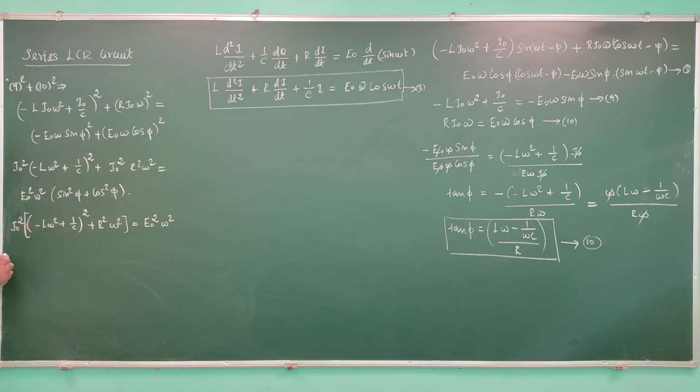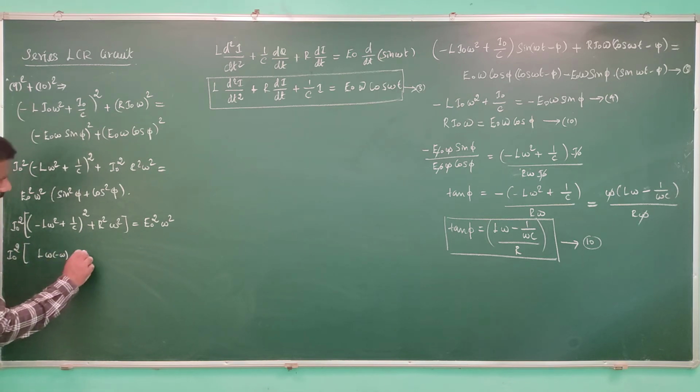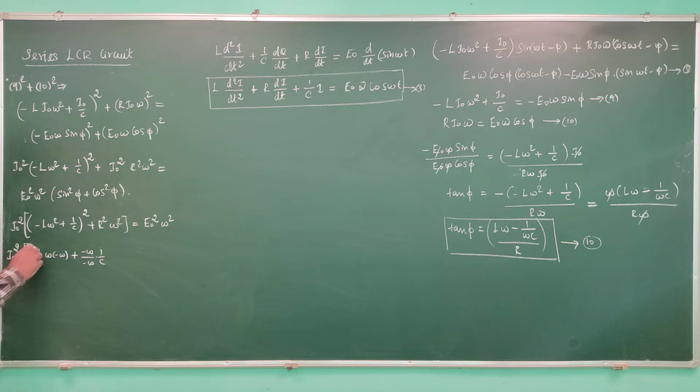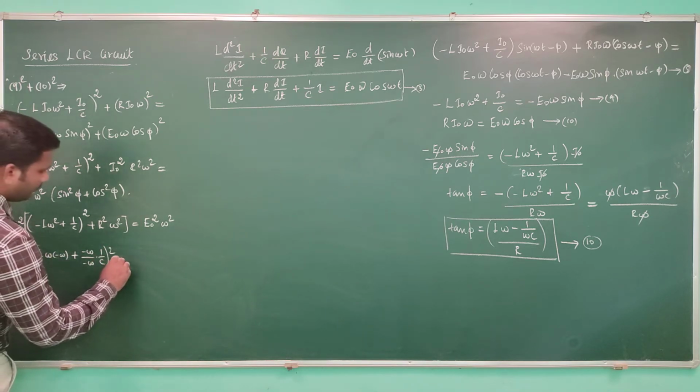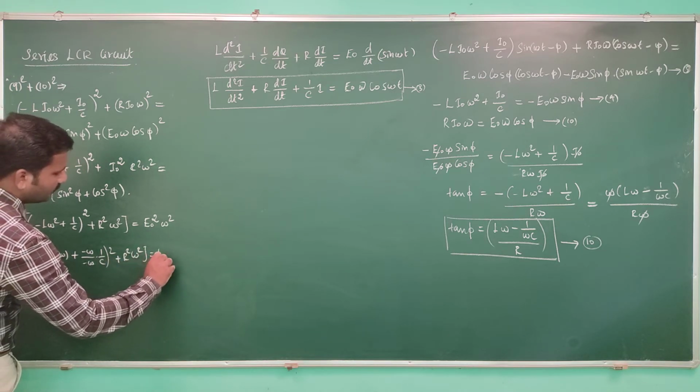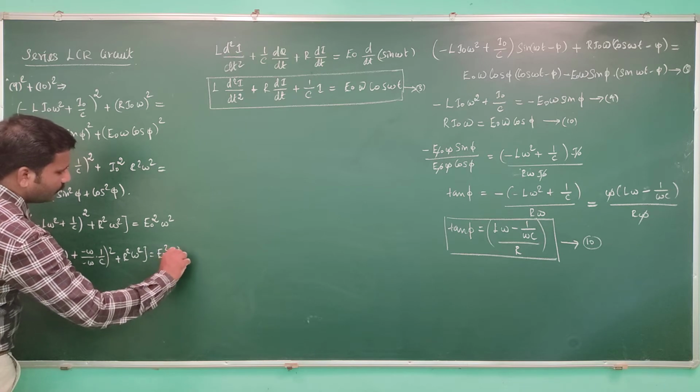Now in this we can write I naught square, this equation I can write L omega minus omega plus minus omega divided by minus omega into 1 over C the square plus r square omega square, which is equal to E naught square omega square.